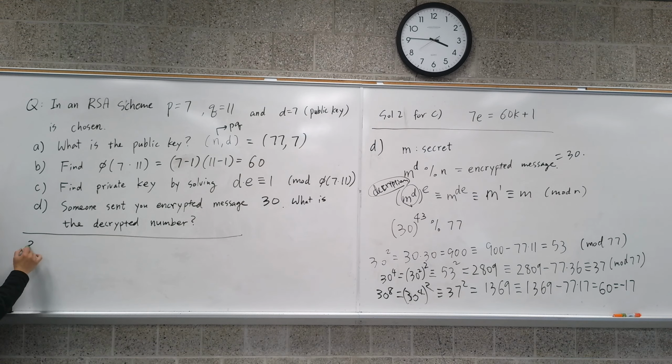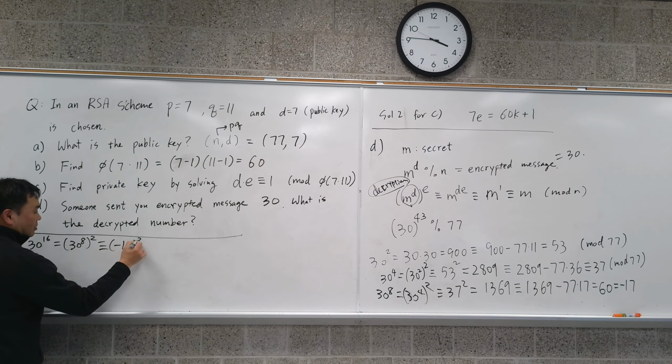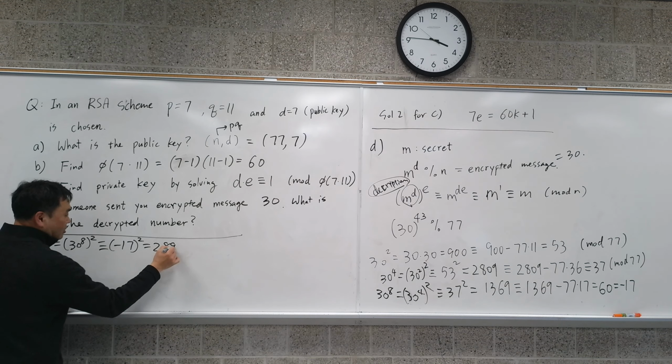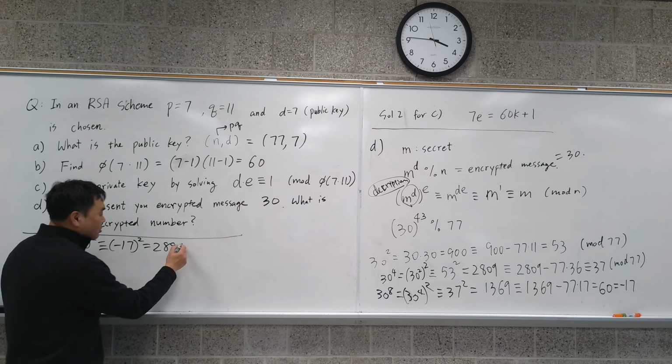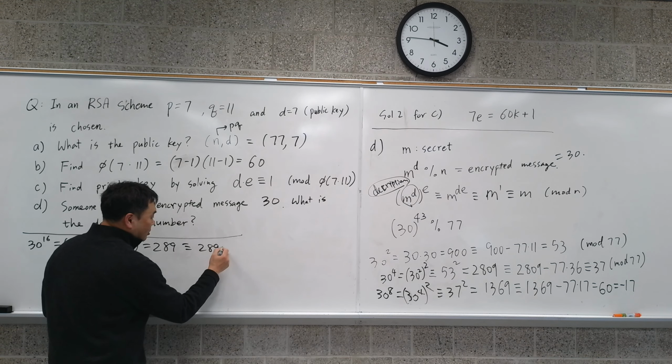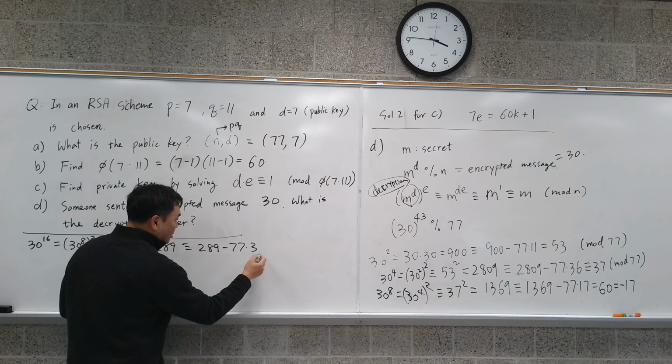Now what about 30 to the 16th power? That's 30 to the 8th squared, which is congruent to negative 17 squared, which is 289. So 289 divided by 77, 3 times, so congruent to 289 minus 77 times 3.